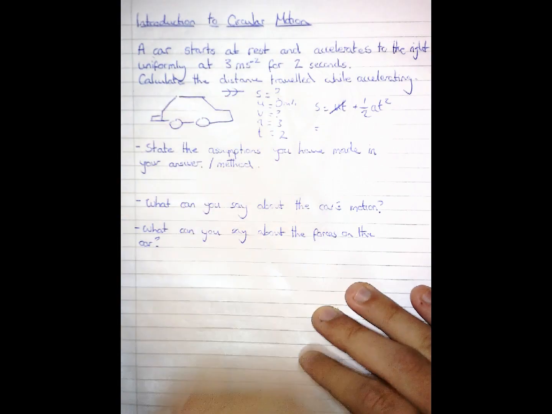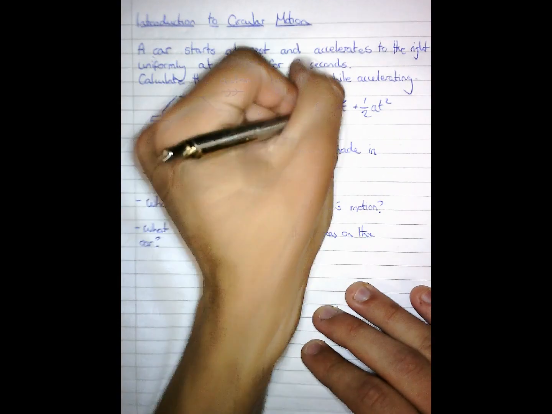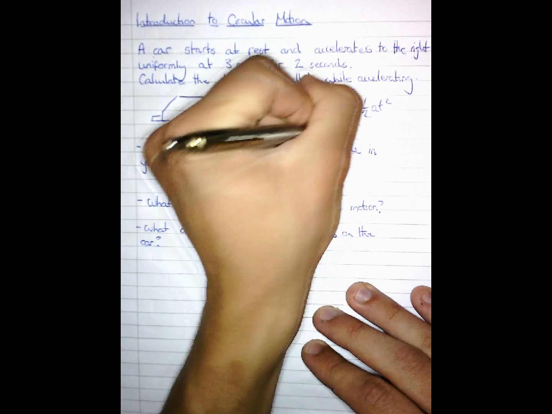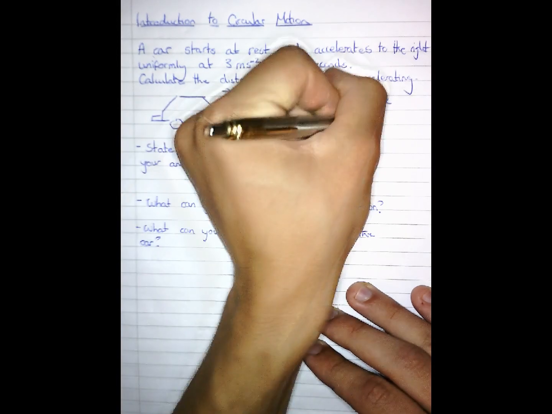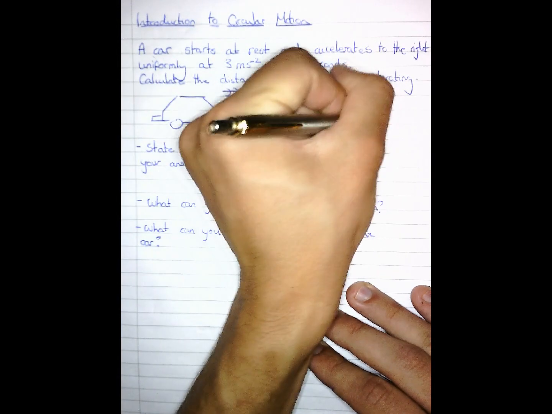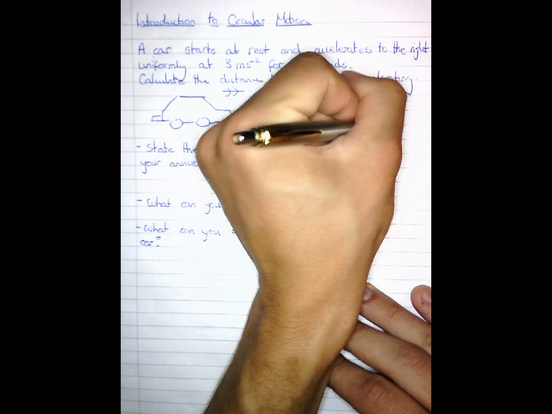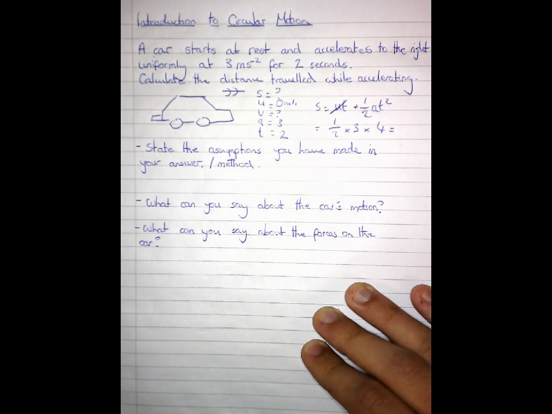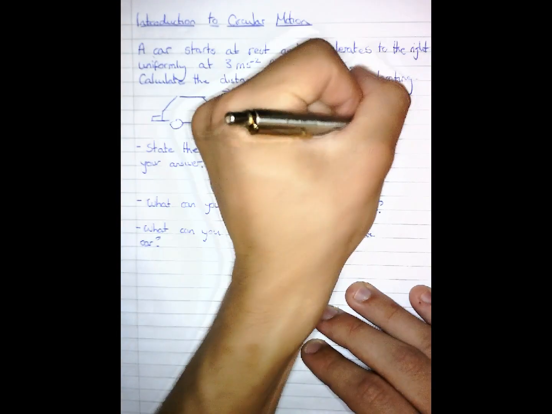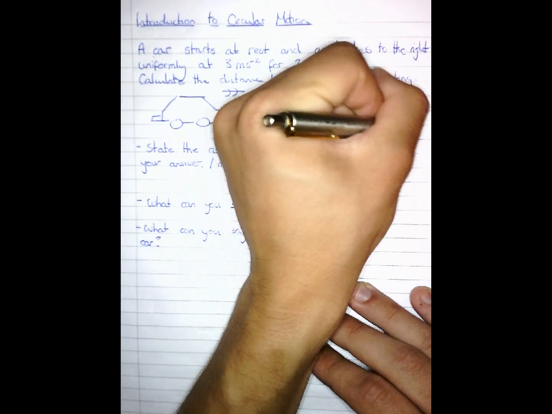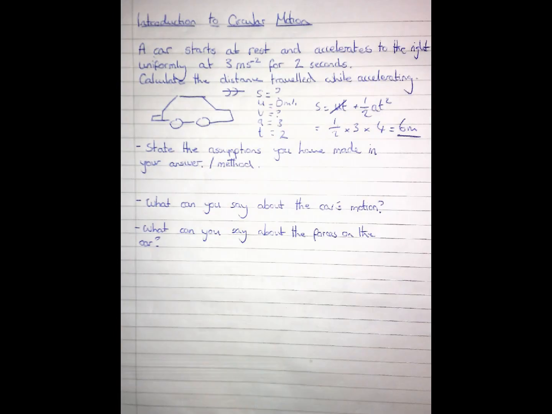Our u is 0, the car's at rest, and that means we're just doing a half times 3 times 2 squared, which is 4. Evaluate that, and that will give you 6 units, be careful, meters. Standard SUVAT type question.